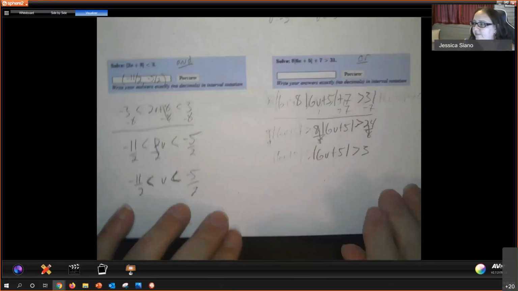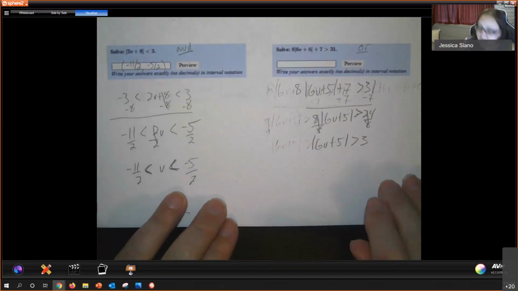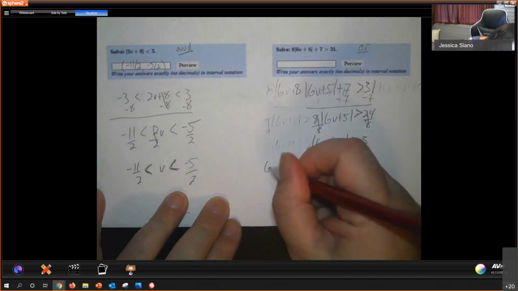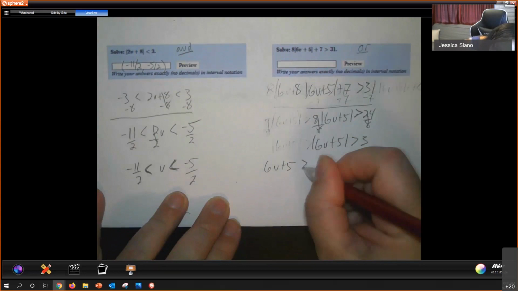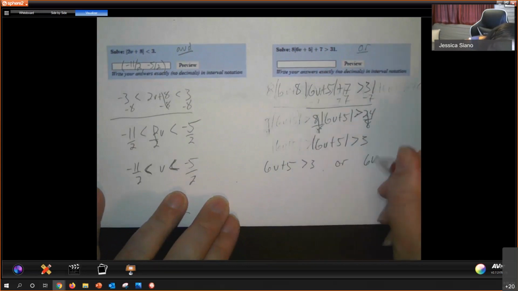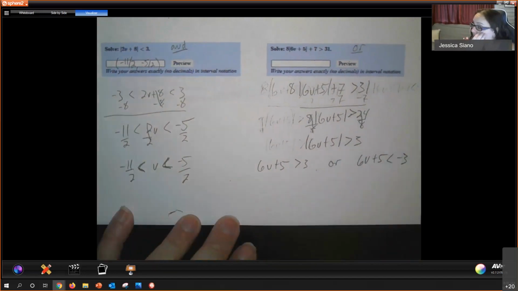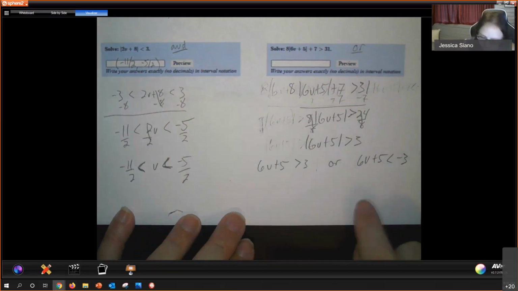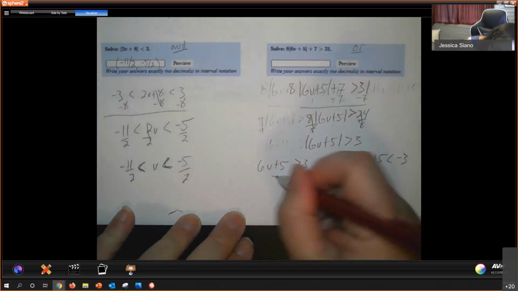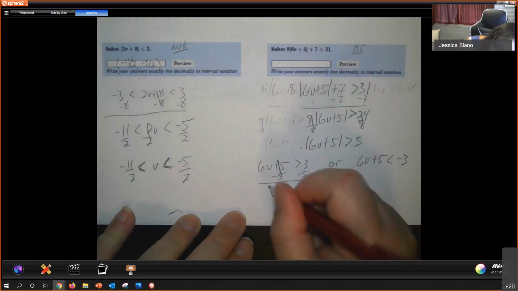Now we split it. So now we say either 6v plus 5 is greater than 3 or 6v plus 5 is less than negative 3. Oof, I'm sorry. Although I got halfway through that and was like, wow, I did this whole thing wrong. At least I realized it. Now you're going to solve the left side.